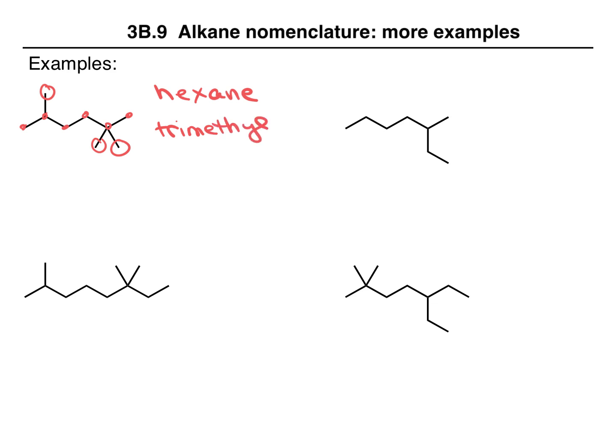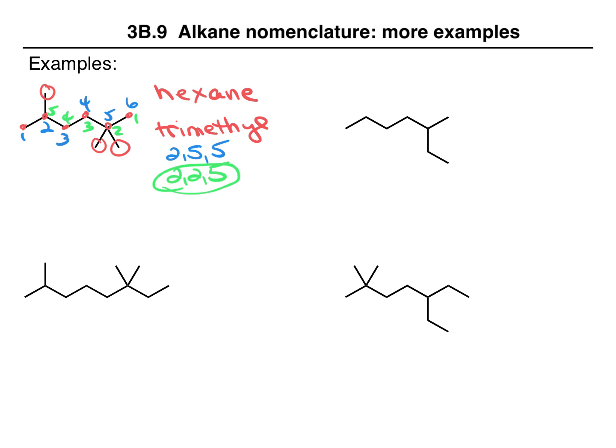And then left to right, 1, 2, 3, 4, 5, 6. That would give us a branch at 2, 5, 5. Or we could number 1, 2, 3, 4, 5. And that way would give us branches at 2, 2, 5. So the green way gives us the lower numbers.